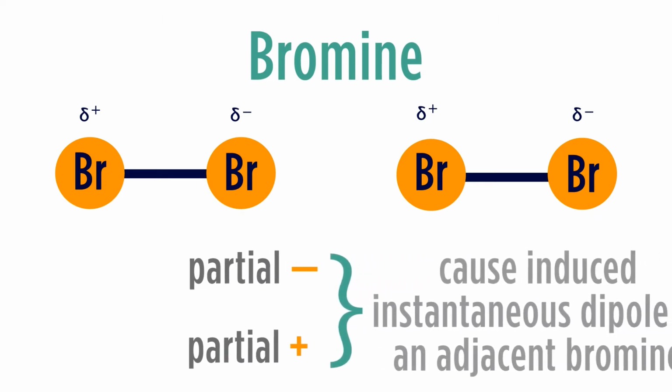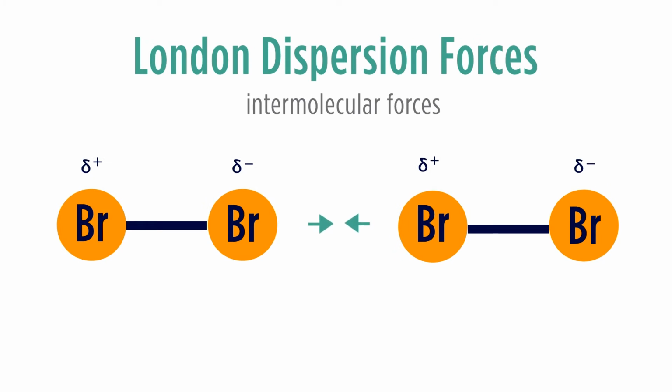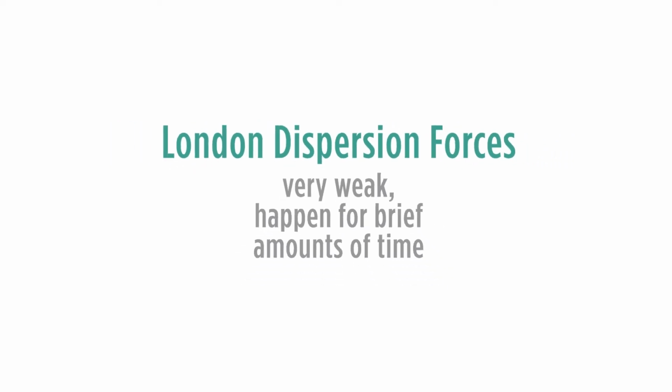This partial negative and this partial positive can actually cause an induced instantaneous dipole in an adjacent bromine. Once we have this instantaneous dipole and this induced dipole, we can have a London dispersion force, or an intermolecular force, between these. Of course, this is an instantaneous dipole. So as soon as that occurs, it could balance back out and be gone again in another instant. So London dispersion forces are very weak. They only happen for a brief amount of time.